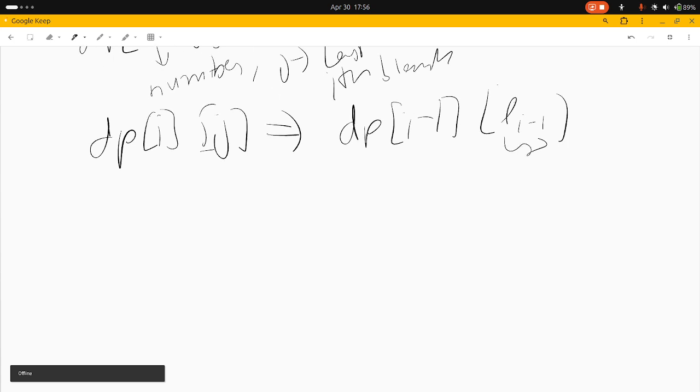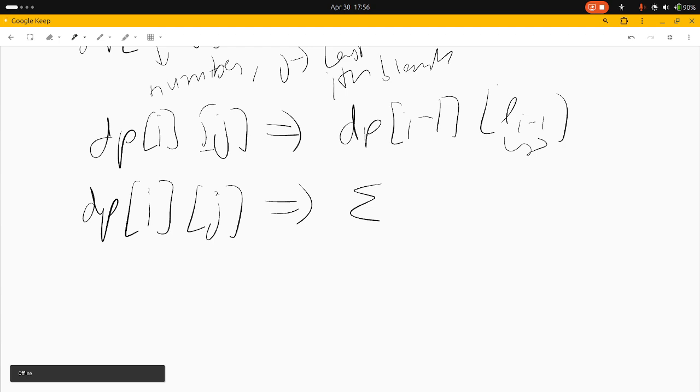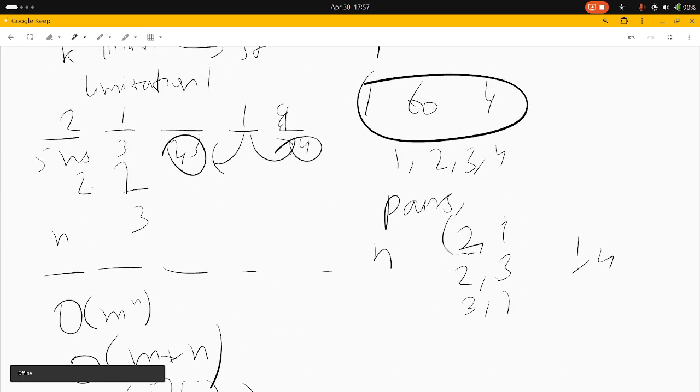So I can write dp of i, j, the ith blank with j as the last term, as a sigma over some z from 1 to m of dp of i minus 1, z, and also we have to be cautious about whether the pair is allowed or not.